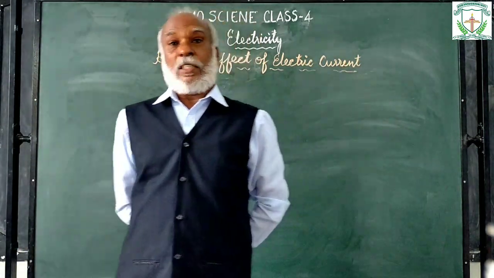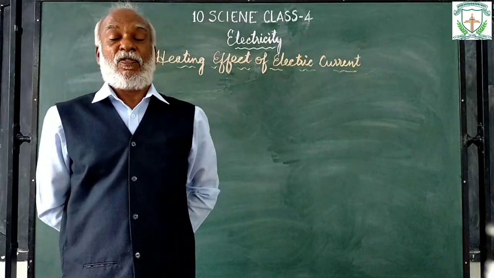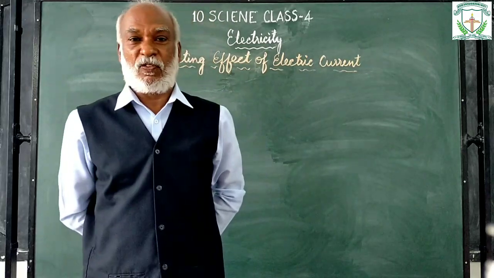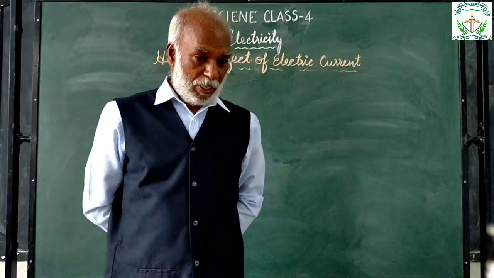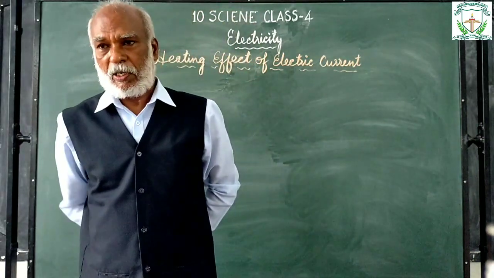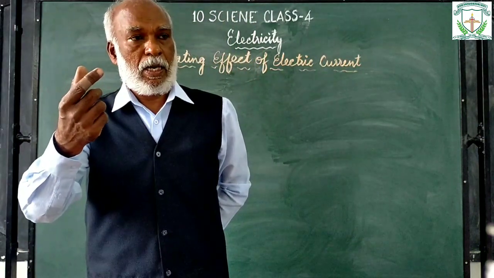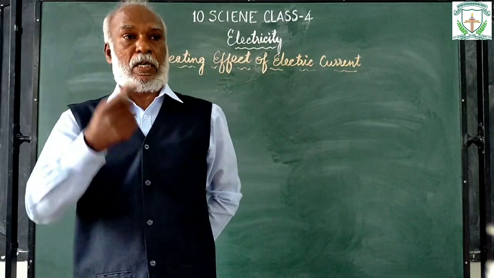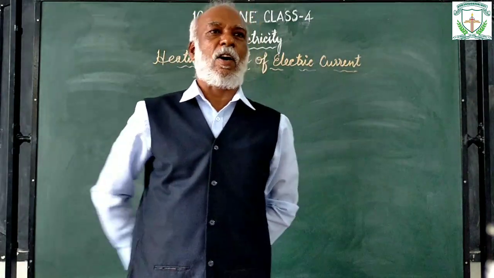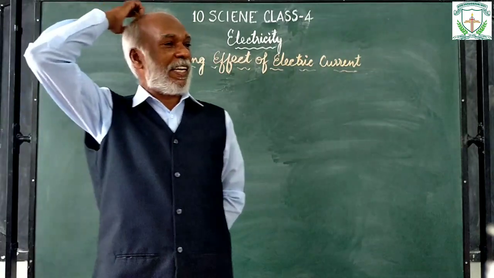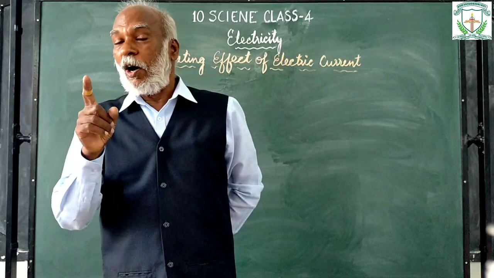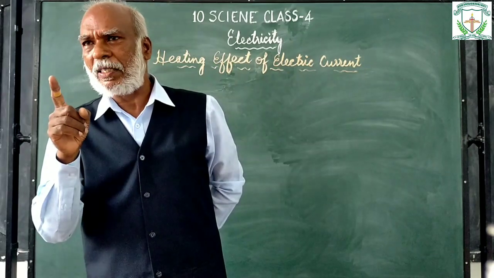You know what is current? It's a flow of electric charges. In other words, flow of electrons. When electrons flow through a conductor or an electrical gadget or an electronic component, the material of the conductor or the material of the component offers what?